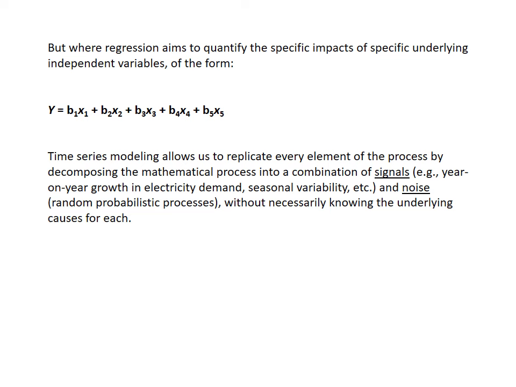And we can gradually take an underlying mathematical process and decompose it into all these different pieces and understand how they operate, and then model the underlying process of electricity demand or anything else in a way that visually and mathematically it looks right, but it gets us out of the whole issue of having to understand exactly what happens when GDP goes up by 1 percentage point or anything else like that.